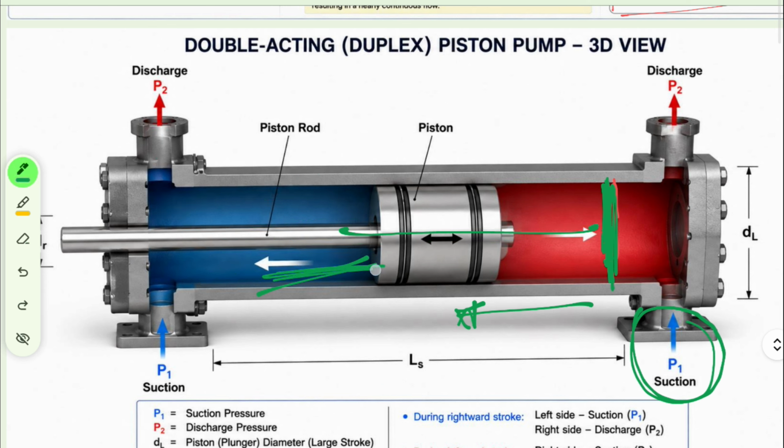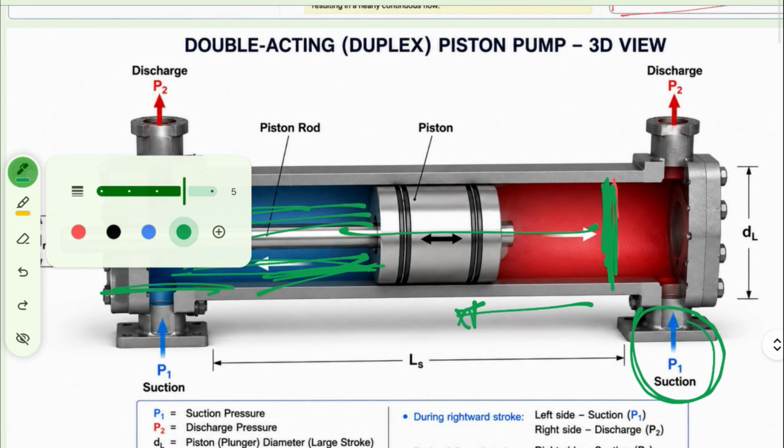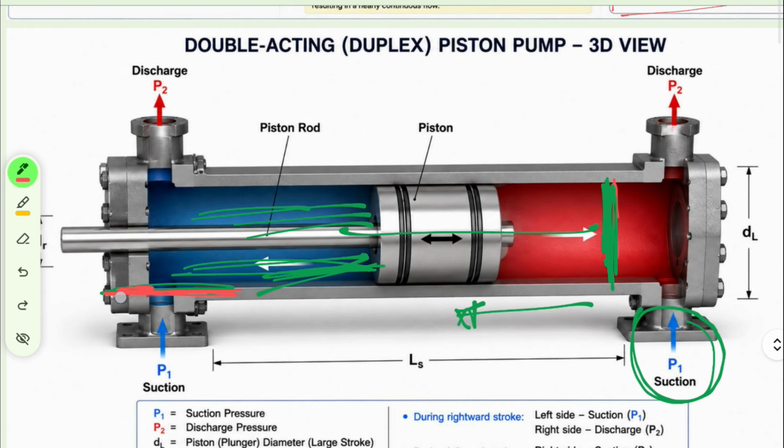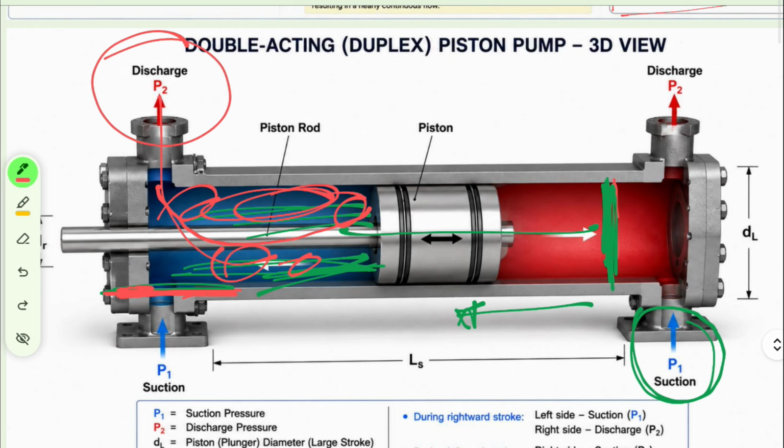And this valve, the valve which is over here at this point, is closed, right? All the fluid which is present inside this cylinder is going to discharge through this point. Means the cross thing is going on: this side is suction and this side is discharge.